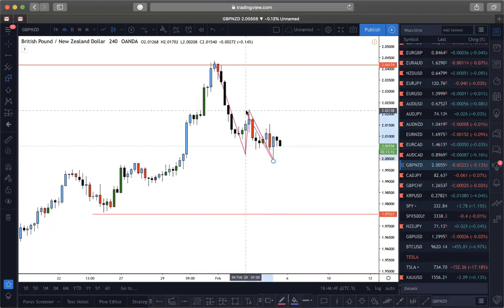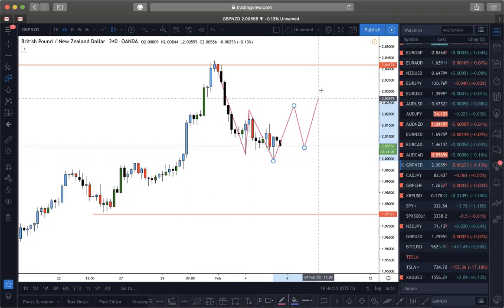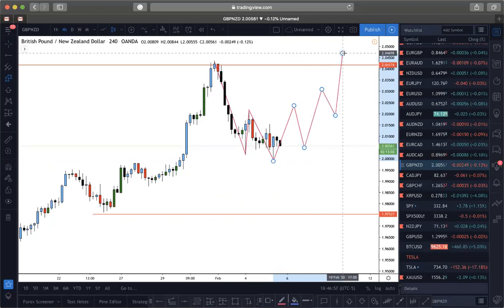So we'd wait for the 4 hour to make a new high, and then when it's making that lower high, we would enter and continue the trend. That's just based on what you're taught so far. But you're going to learn what to look for to enter in on these trends. But this is the very basic.